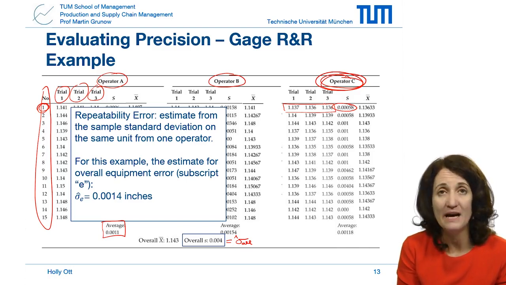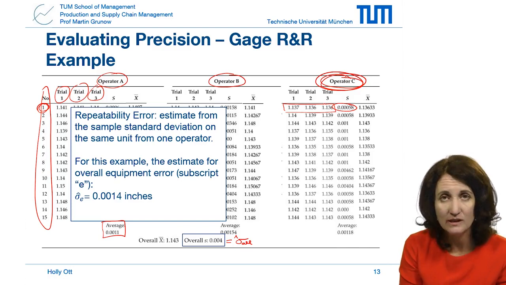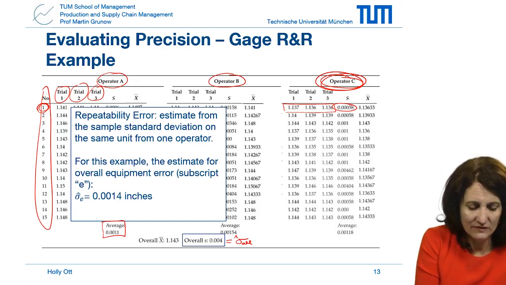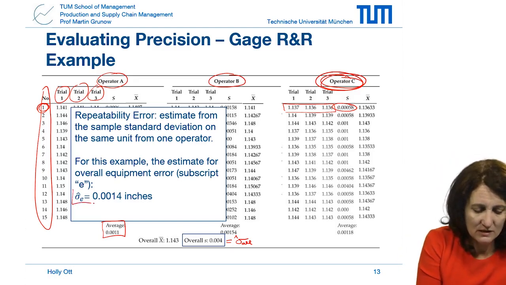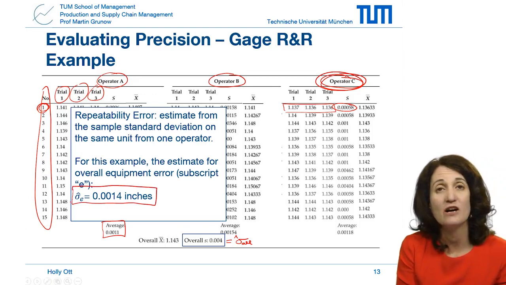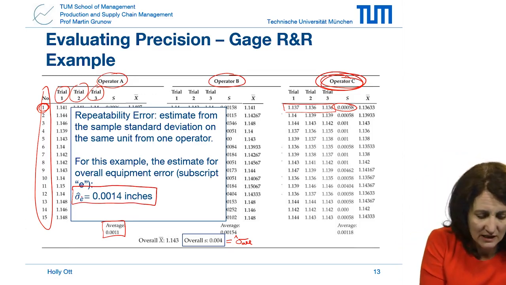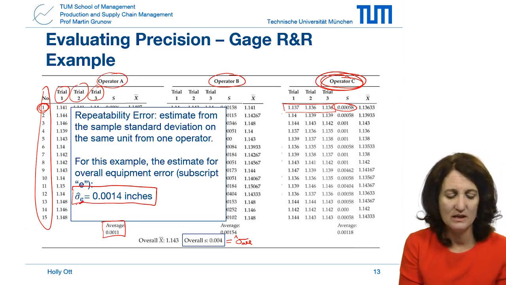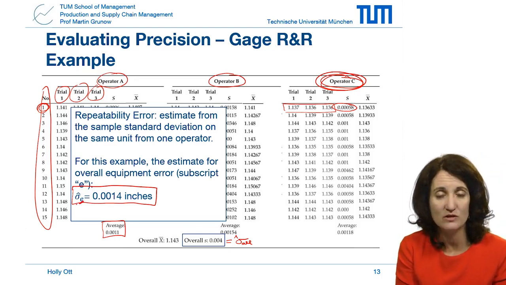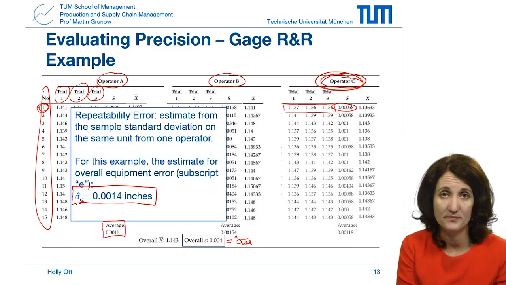And if we combine all of those, which again we're not doing in this course, but it's easy enough to do, it just takes a statistical package normally to help you, we can calculate an overall estimation for the equipment error, the repeatability error. And E, again, is for equipment. Here in this example, it's 0.0014 inches.